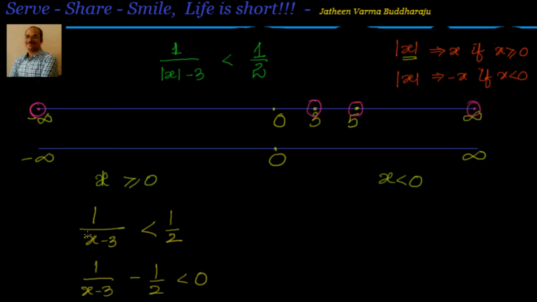This should be my solution, but we see that x is greater than or equal to 0. That means we have to consider only from 0 onwards. So greater than or equal to 0. So I should have starting from 0 only.